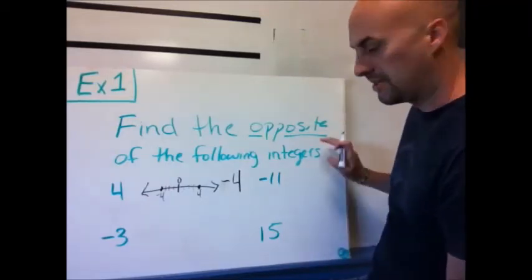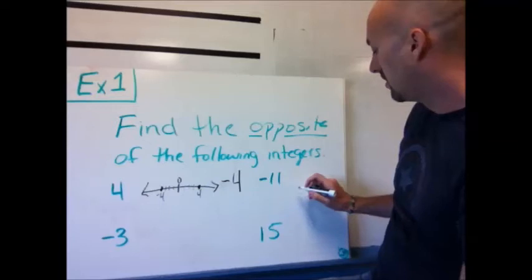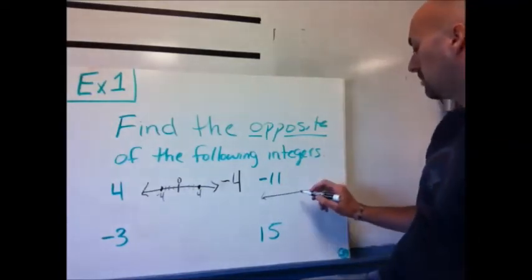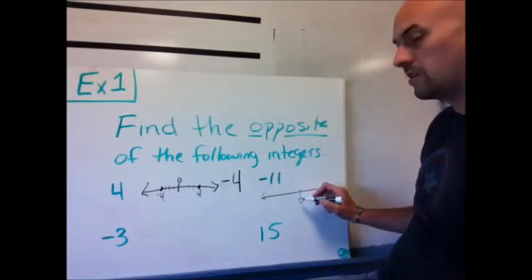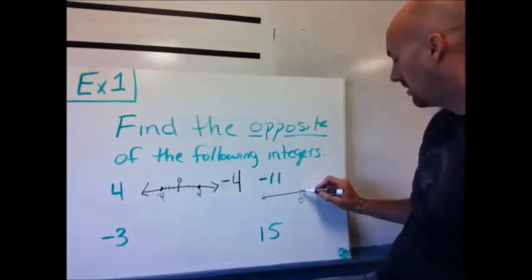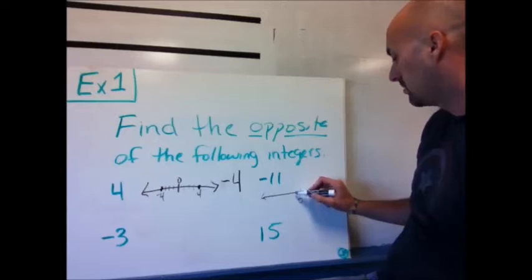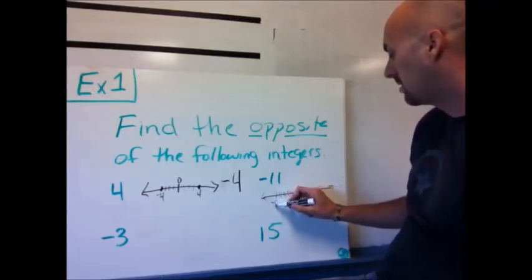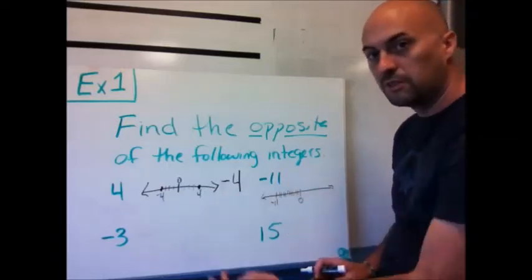Let's see, can you see that one? Here is negative 11. So if I was to do the number line, running out of room here, so we'll make this really small. Negative 11 is 1, 2, 3, 4, 5, 6, 7, 8, 9, 10, negative 11, to the left of 0 on the number line.